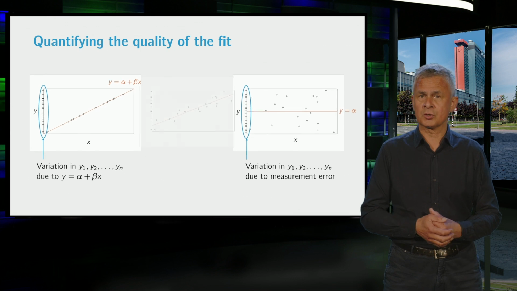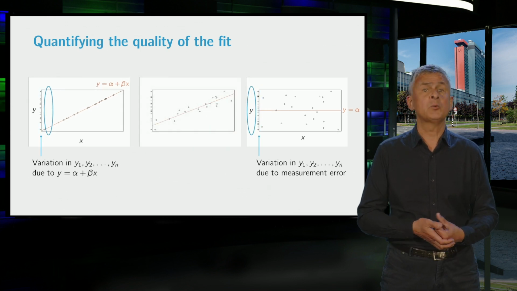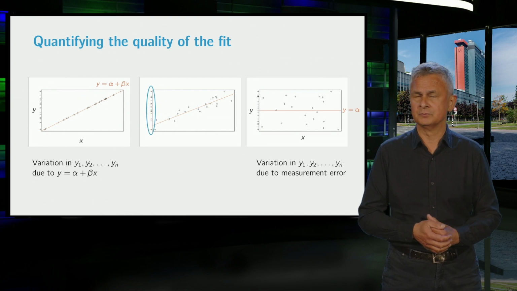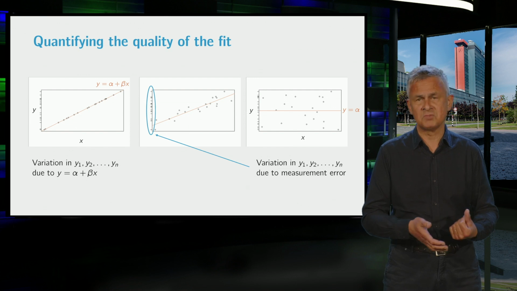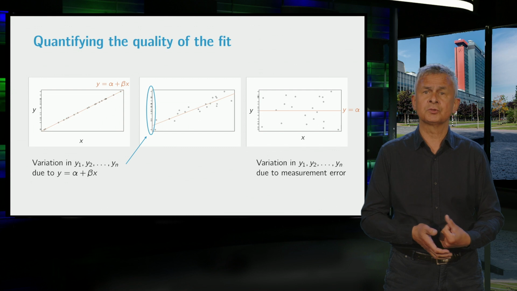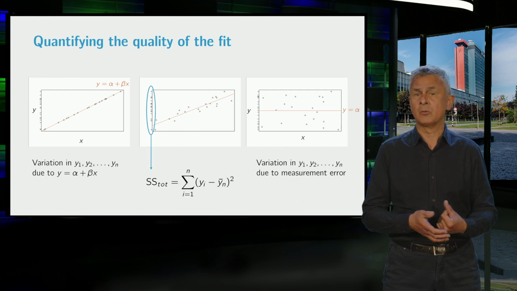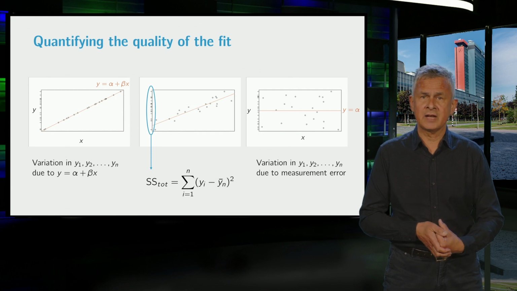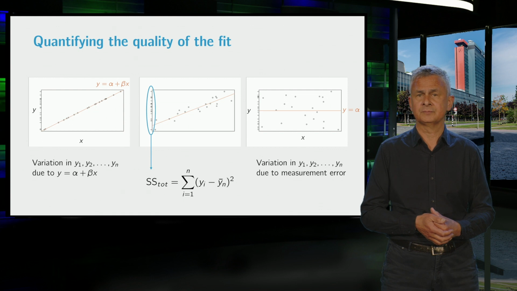So there are two sources that cause variation in the y variable, and we are dealing with a combination of the two. One source of variation in y is due to measurement error, and the other source of variation is due to the linear relationship with x. Now recall that the observed variation in y is represented by the total sum of squares.